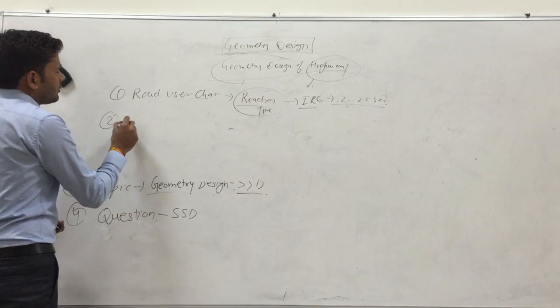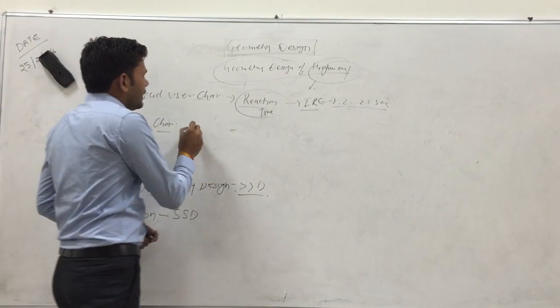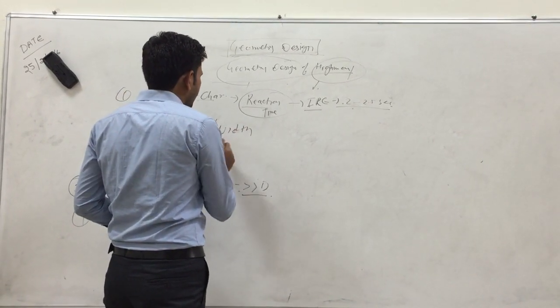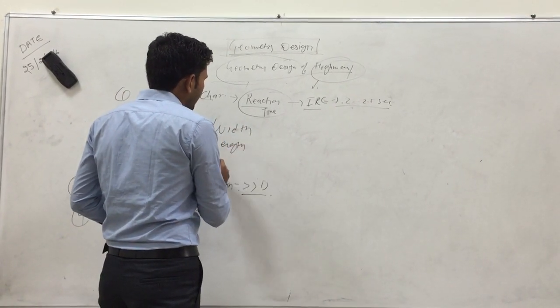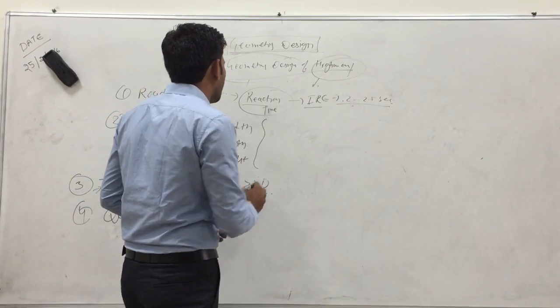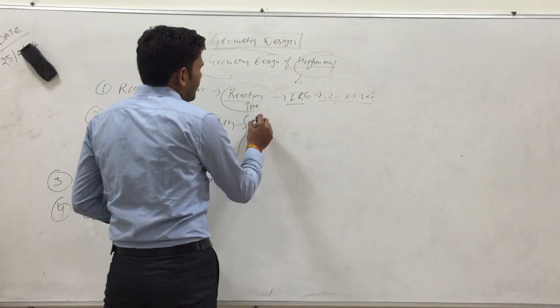Second is vehicle characteristics. In vehicle characteristics, like width, length, and height, these all affect the geometry design of the highway. The width influences the width of pavement.